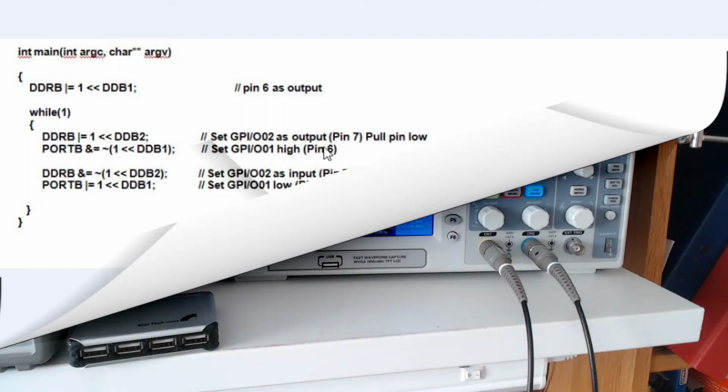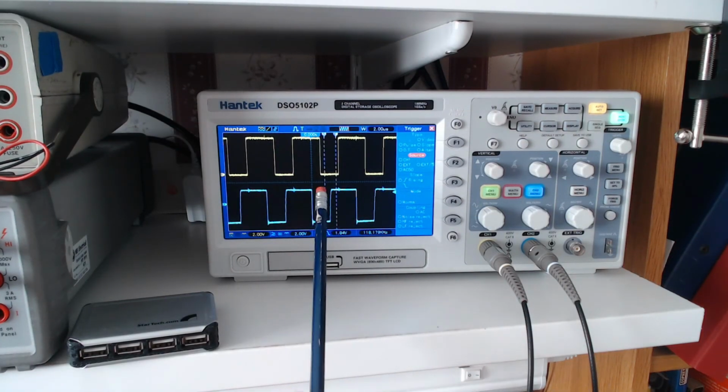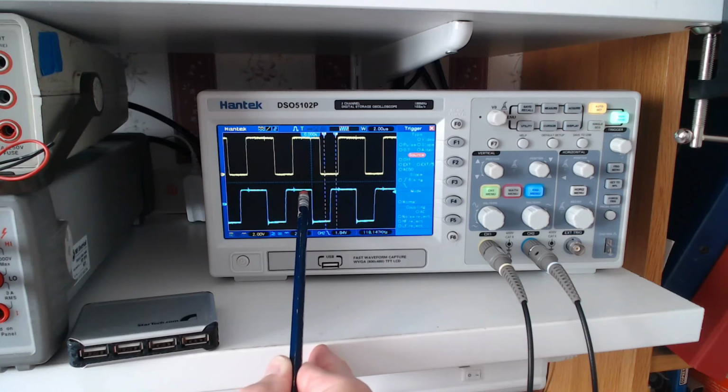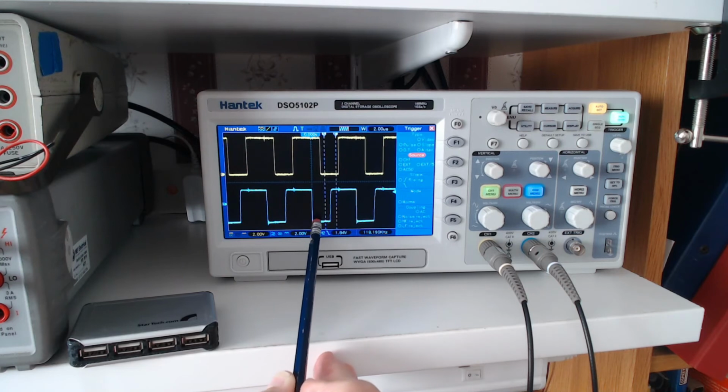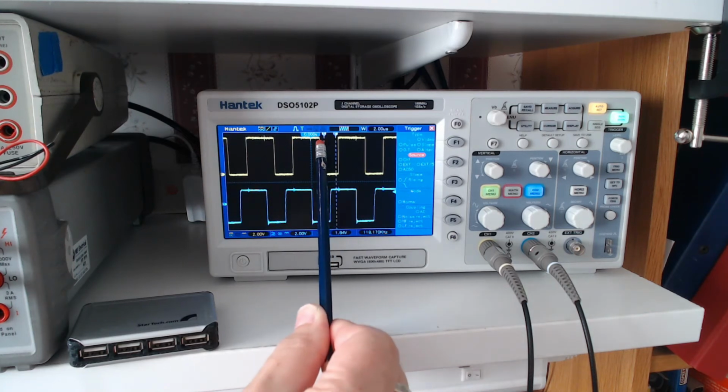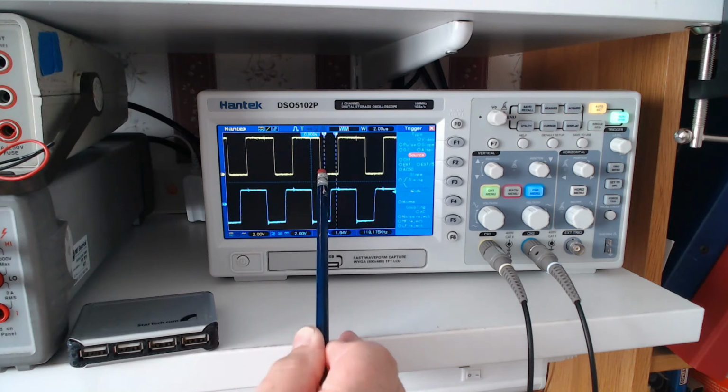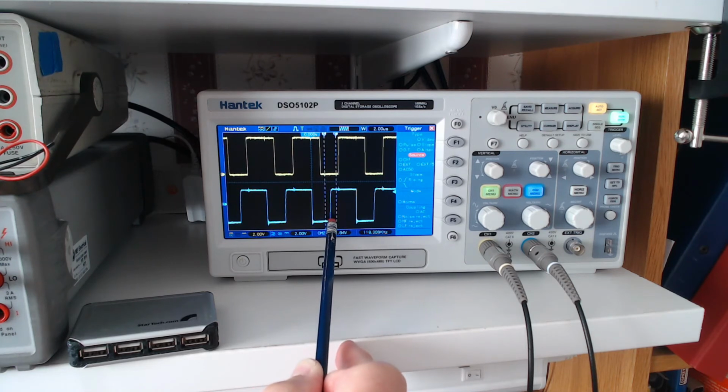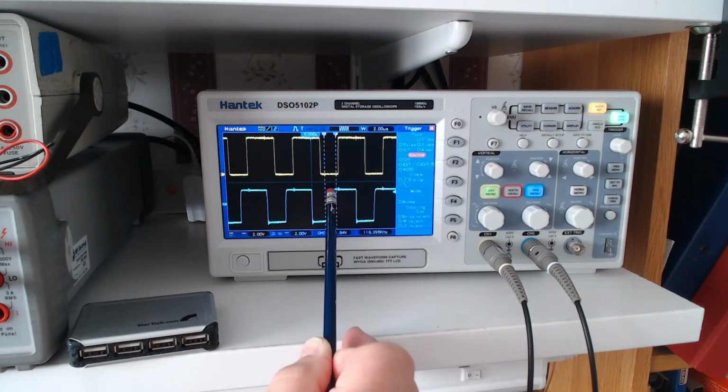So looking at the scope here, we can see pin 7 going low because it's been turned to an output. Here we see pin 6 being set low, so it's coming down. Here we see pin 7 being set to an input, and the external resistor is pulling the level back up.